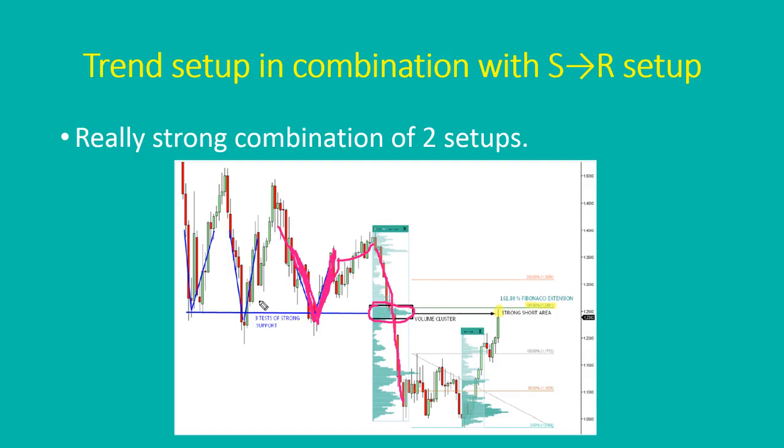Not as strong as when there are 3 reactions, but even 1 is okay. Even with 1, this combination of setups is very strong with a very high strike rate. Alright, so that's the theory for the trend setup, and let's now have a look at some charts.